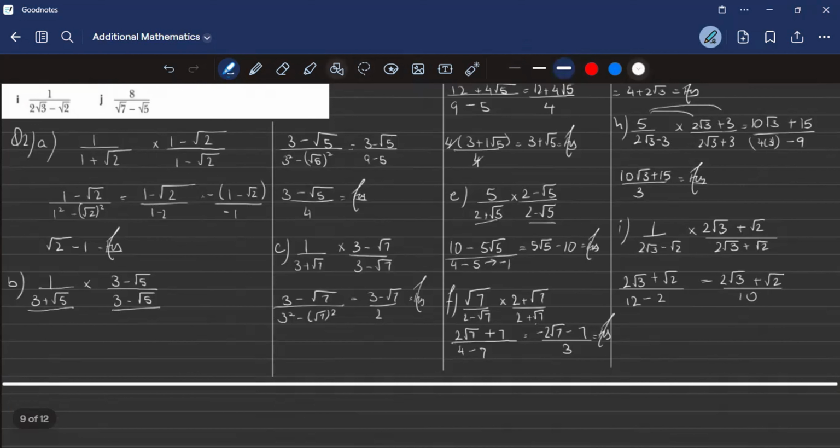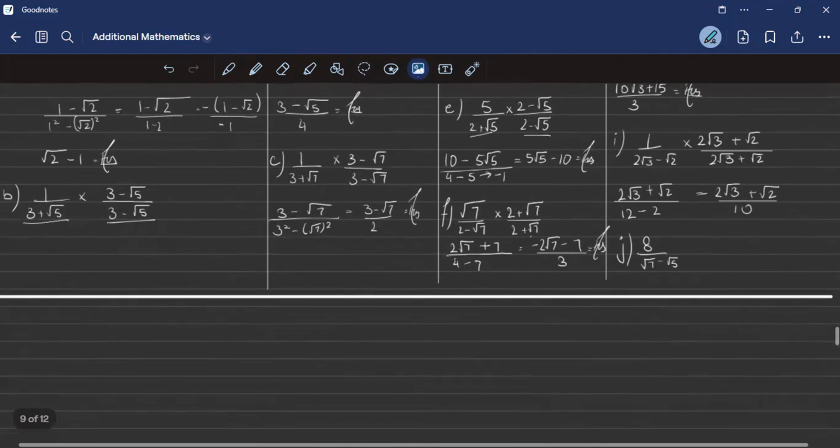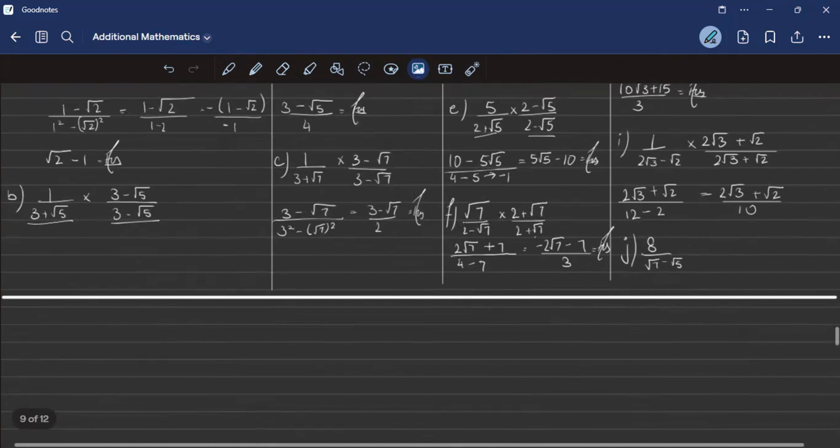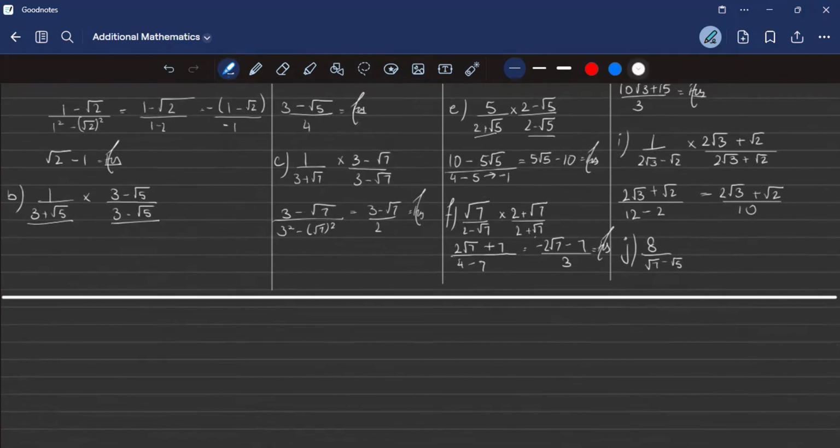Now for part J, let me just first copy it down. Part J is 8 divided by under root 7 minus under root 5. So basically, if I were to go down like that, and then just solve my question, J continued.